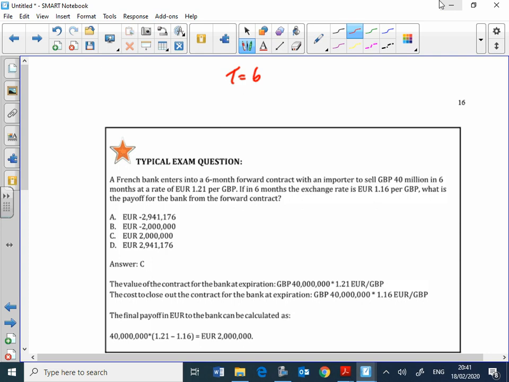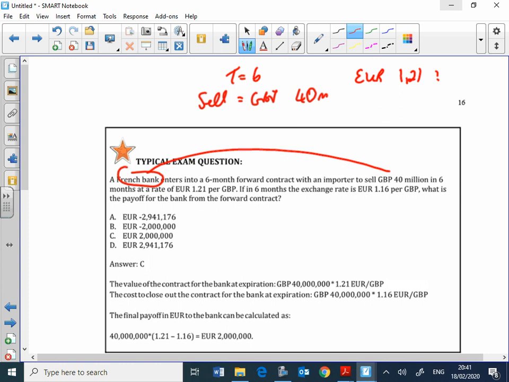Because that just makes it a little bit more funky. Okay, and what's your job? The French bank is going to sell. So they are short how much? GBP 40 million. Happy? What rate?